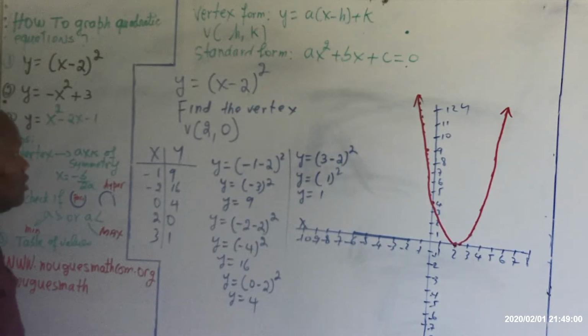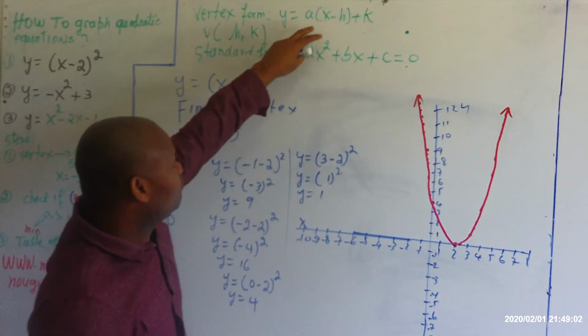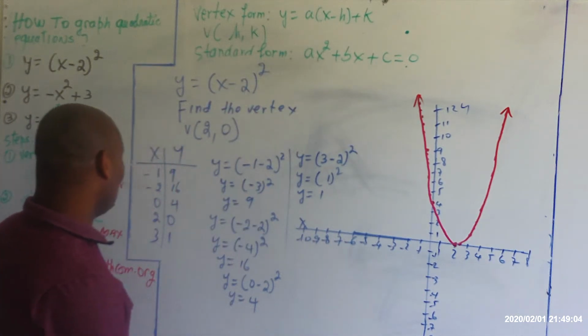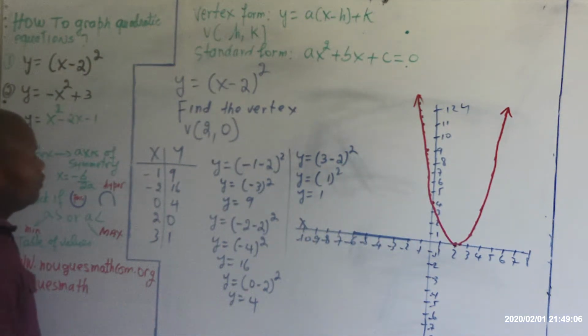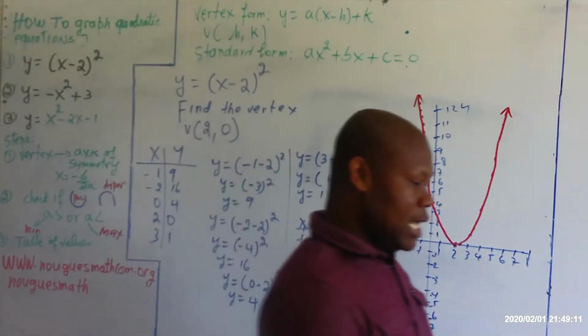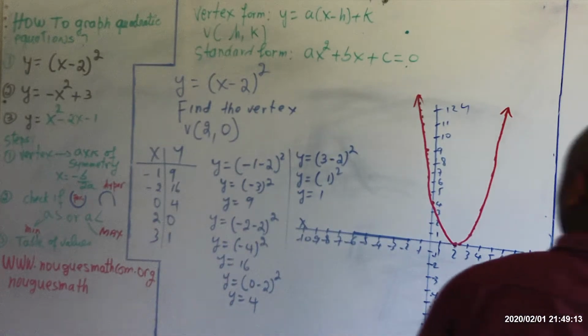So that's very easy. Just follow the formula, the vertex form, and then we'll be able to know how to graph a quadratic equation. I'm going to do the second one so that you can have more understanding, okay?